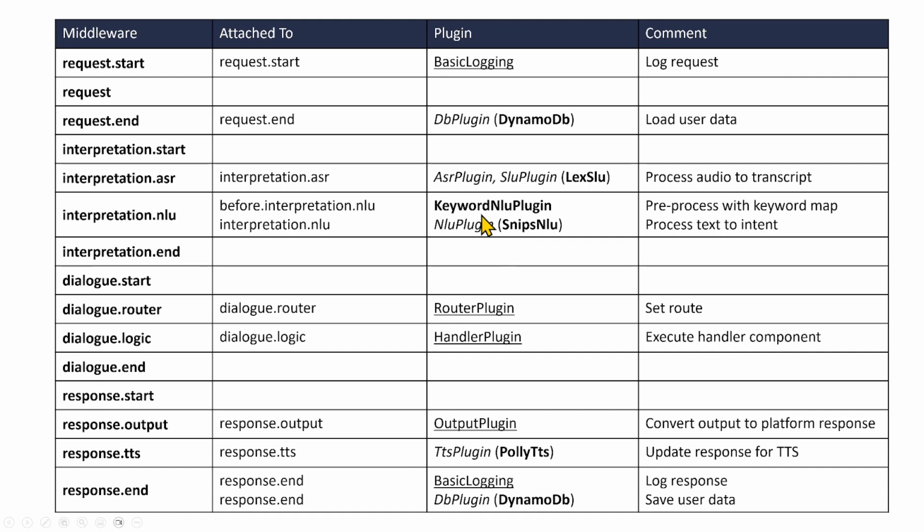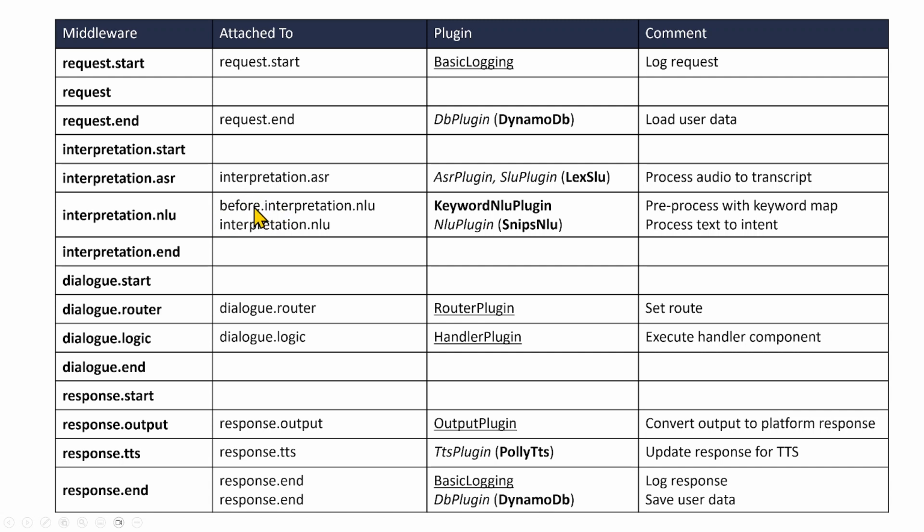If you wanted to affect ASR or NLU, you could do something like plugging in the Lex SLU or the Snips NLU. I added in this keyword NLU plugin. It's a way of doing some hard-coded NLU. You've got a certain text phrase, and you can associate that with a specific intent. And this is showing an example of using that before or after handlers.